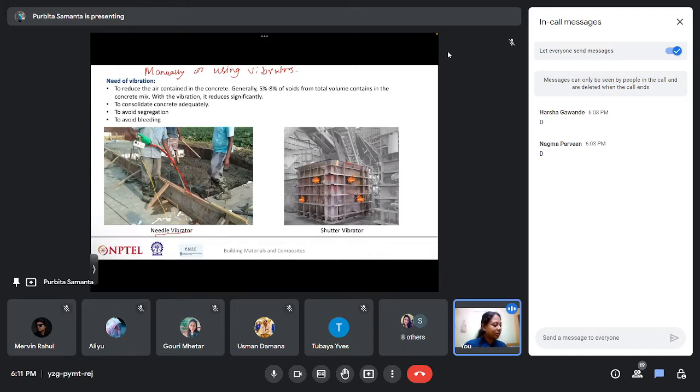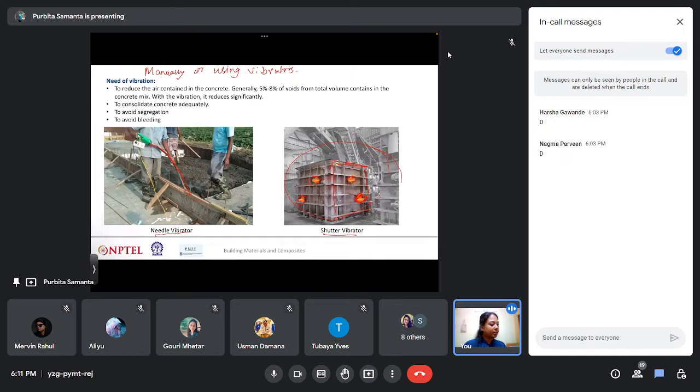Then if you look at the shutter vibrator, these are the machines, the vibrators. The shutters are being cast, the vibrators will be placed, and the things can be cast with the help of this equipment.